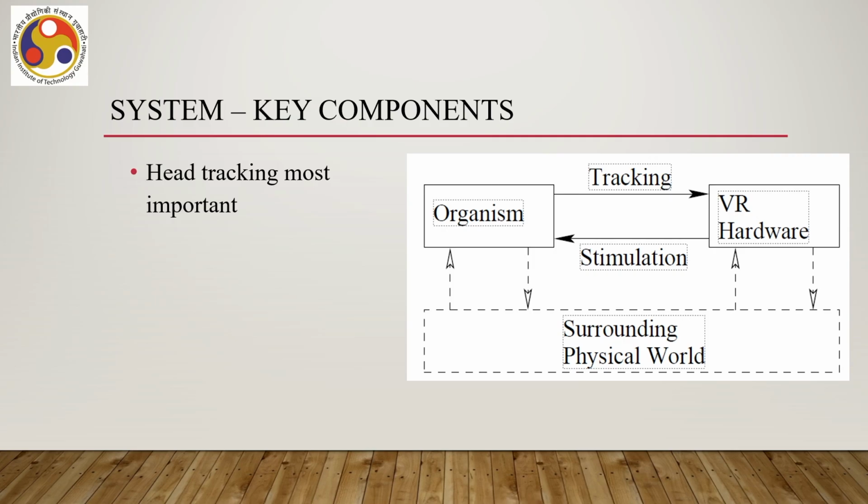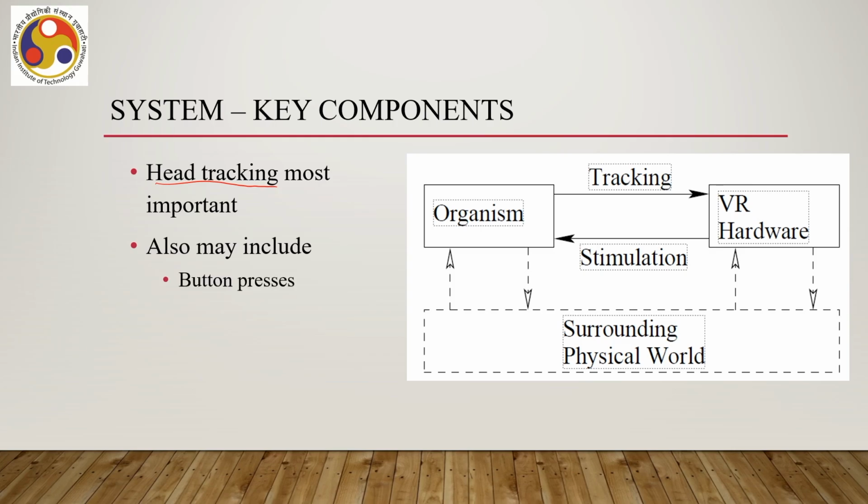Now, when we are talking of tracking, the most important thing to track is head tracking, which is commonly used in VR. However, that is not the only thing we can track. Tracking may also include other things such as button presses.